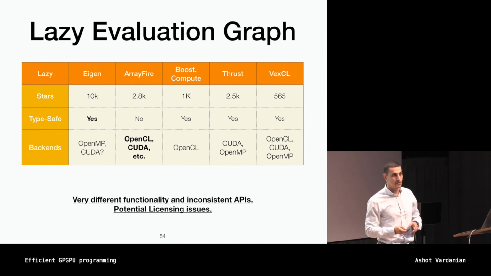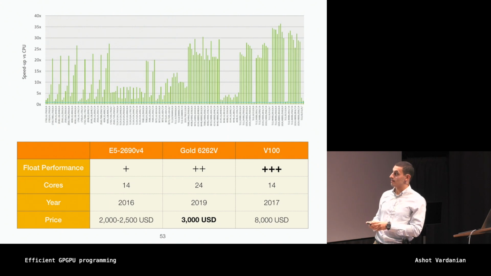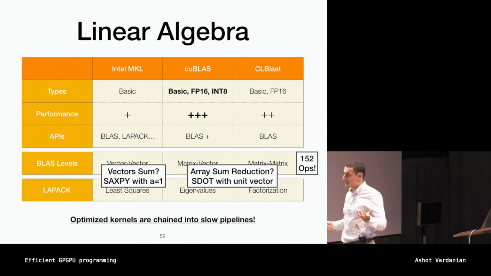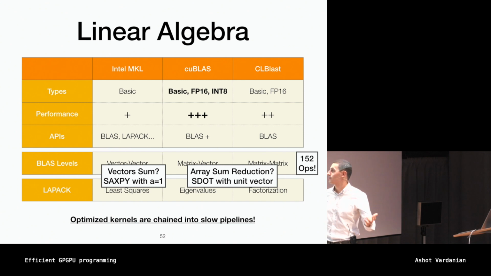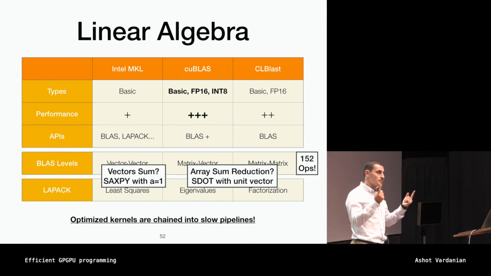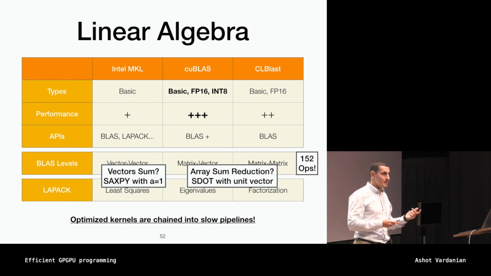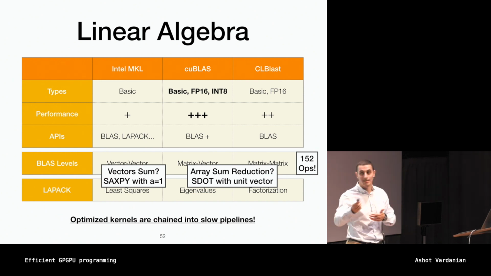If you want, I can jump back to the previous slide and talk more about them. One of the problems that I didn't have time to talk about is that, for example, if you want to perform an array reduction, to add up all numbers in arrays pairwise, using BLAS and LAPACK libraries, what you will end up doing is basically dot products with unit vectors, just expecting to result in the same value.